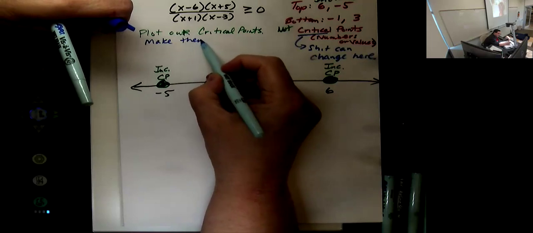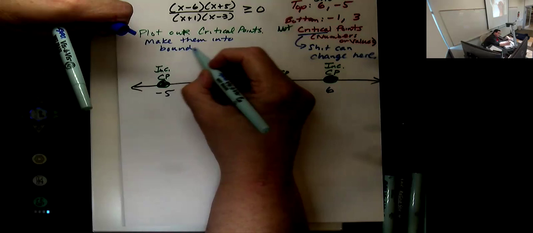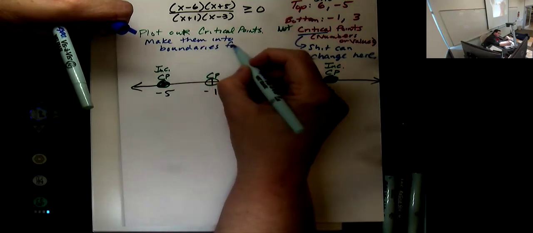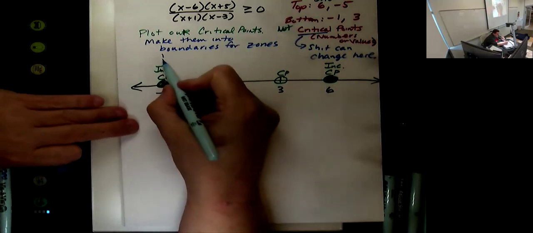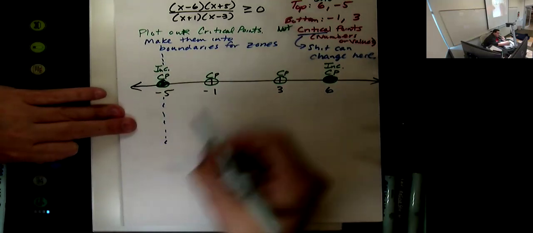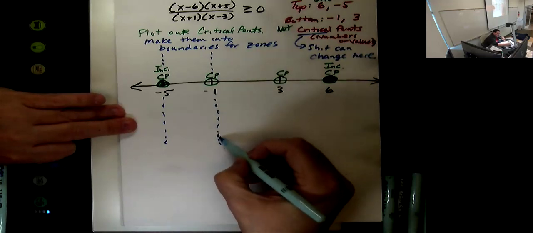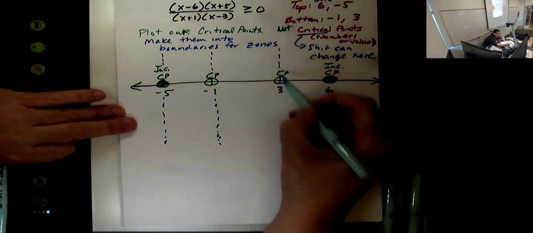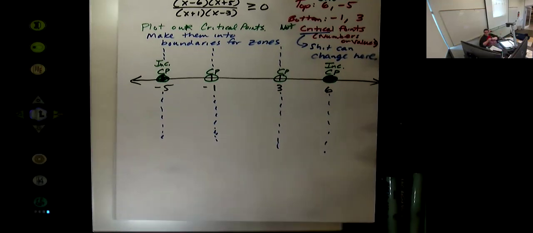Make them into boundary lines, boundaries for regions, or zones. So -5 will be a boundary line. -1 will be a boundary line. 3 will be a boundary line. And 6 will be a boundary line.